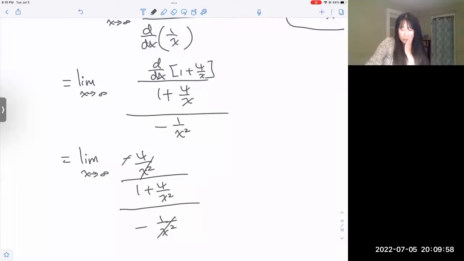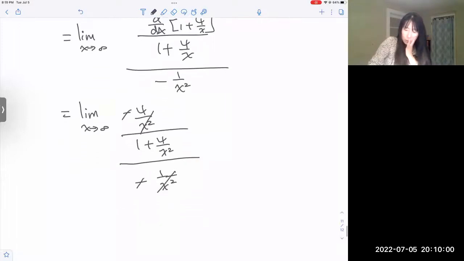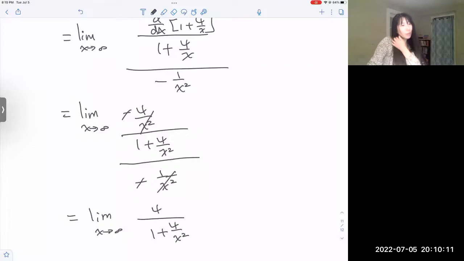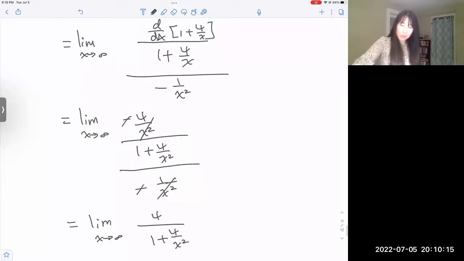With the negative, so we will have 4 over 1 plus 4 over x, right? Sorry, there's no square.